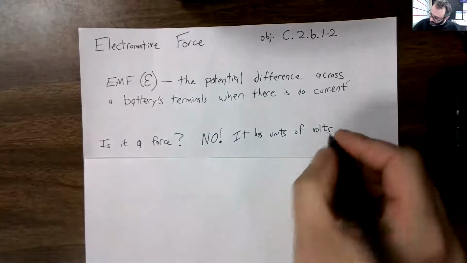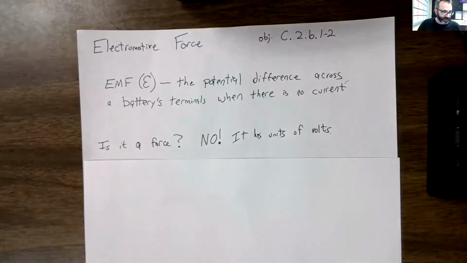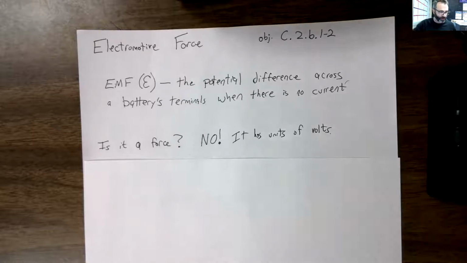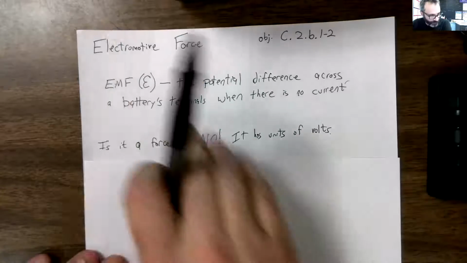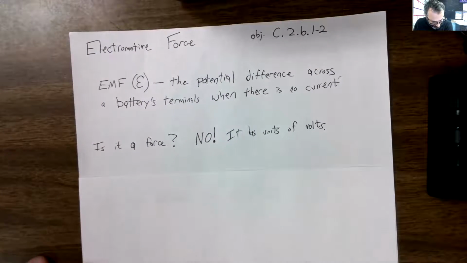So it's just a historical naming convention. It's called a force because the potential is kind of what drives the current. The potential from the battery is what drives the current in the circuit. So there's some reason to think it's kind of like a force, but it's not in newtons, it's in volts. So it's a dumb name, but it is what it is.